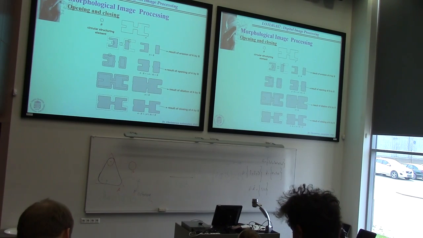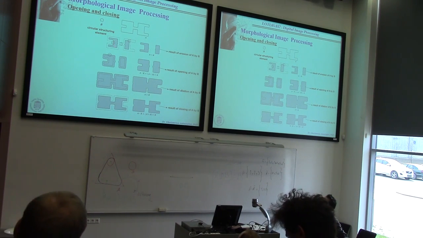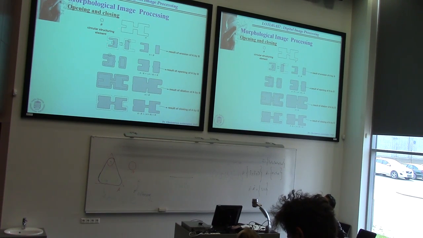We have this image. After the erosion of A by B, we have this B, and the result is like this because we go over the set of A. After opening, it means the dilation of B with the result of the erosion of A and B, which means that we expand the image because the result of the erosion was like this.